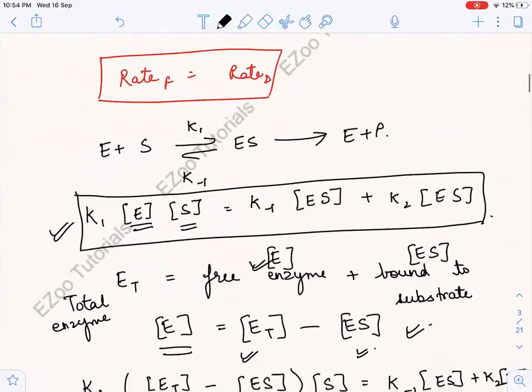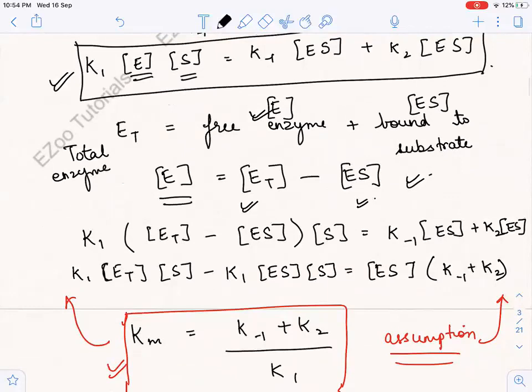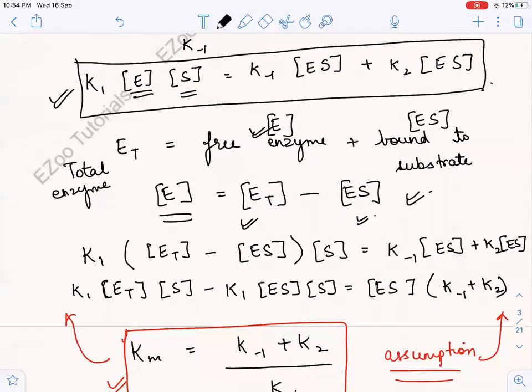Then we derived this. You can see the derivation and do it on your own. K1 is the constant where E plus S forms the enzyme substrate complex, K minus 1 is the constant where this can be dissociated into enzyme plus substrate, and K2 again is the constant of dissociation, right? This is a very important equation.